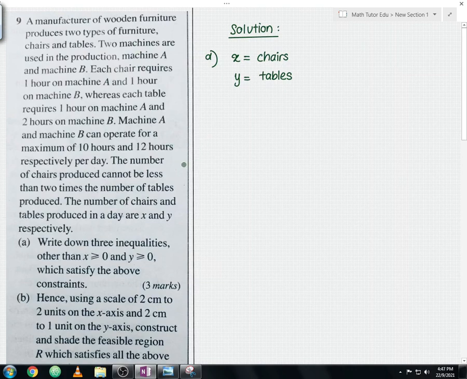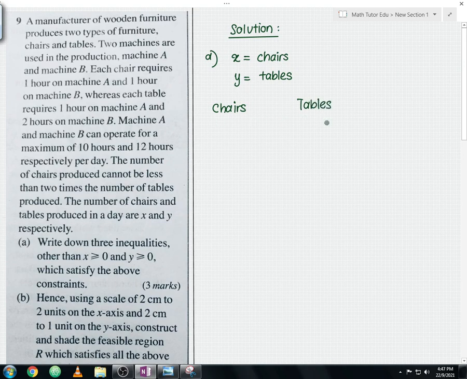Okay, so let me read this statement here. It mentioned that 2 machines are used in the production, machine A and machine B. So from here within the chair you are using machine A and machine B. So what I'm going to do is I'm going to write here chairs and tables, 2 separate pieces of information. Let's begin with chairs, followed by tables.